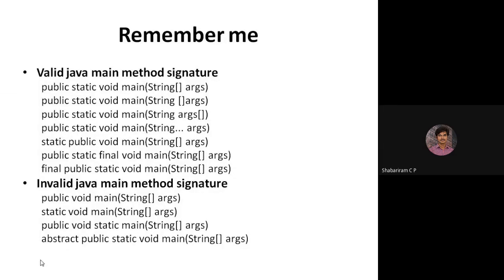The last one is the usage of abstract. The abstract keyword also exists in Java. While discussing the abstraction concept, I told you that in Java, abstraction is achieved using abstract classes and interfaces. So there is a keyword abstract in Java.